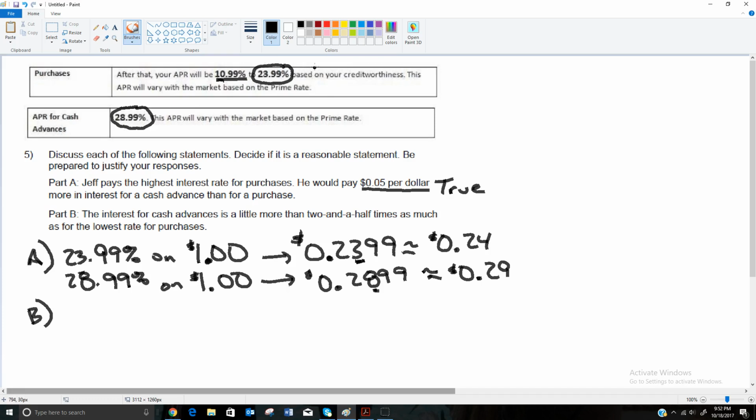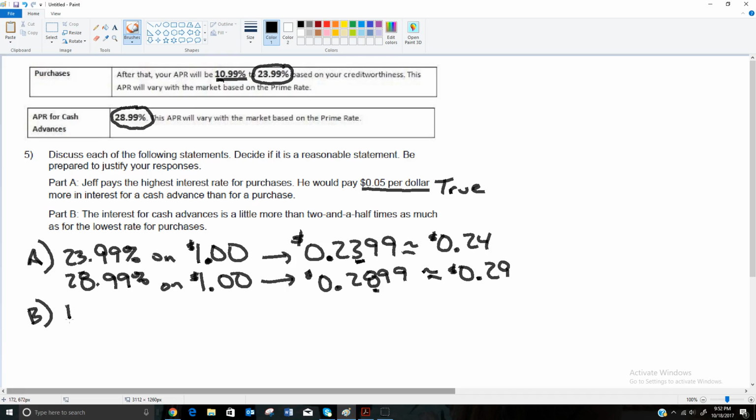So the person who has bad credit has already got a bad annual percentage rate, and so a cash advance wouldn't be that much worse. It's still worse, but it's not that much worse than what they're already getting. But this person who's got this good 10.99% rate for their purchases, when they decide to do a cash advance, they really take a hit. And it says it's a little bit more than 2.5 times.